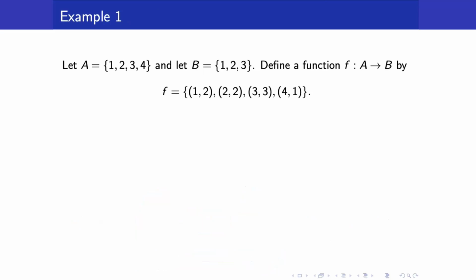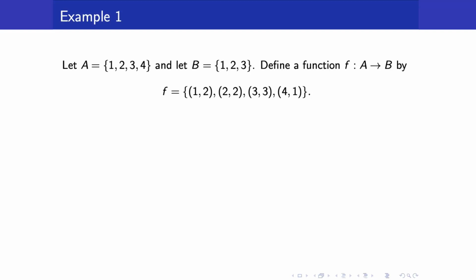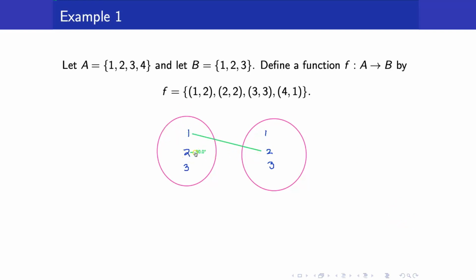So for example, we have these two sets and this is our function. When we draw f, we have 1, 2, 3, and then we have 1, 2, 3 also. 1 goes to 2, 2 goes to 2, 3 goes to 3.